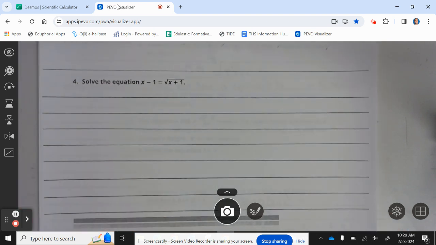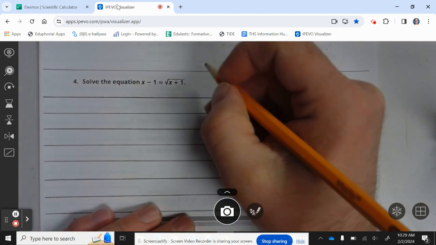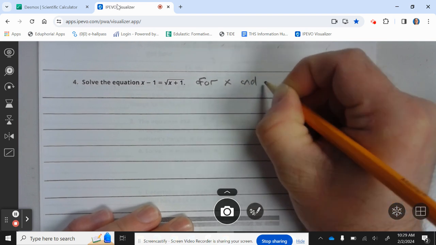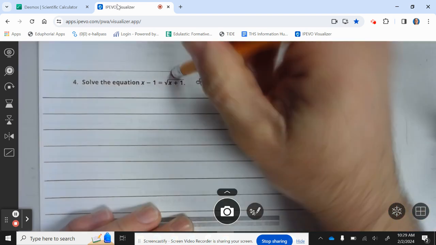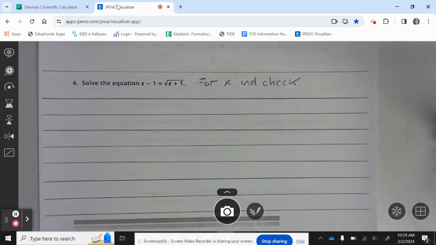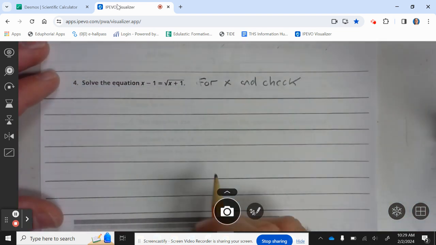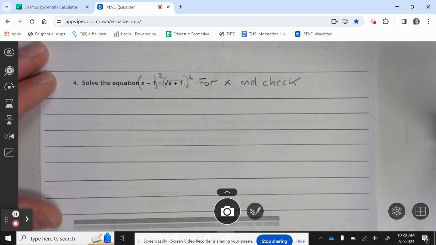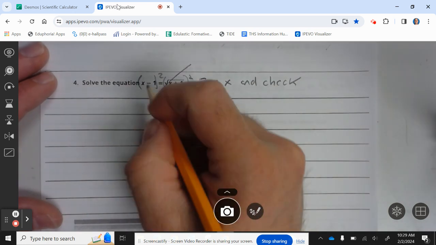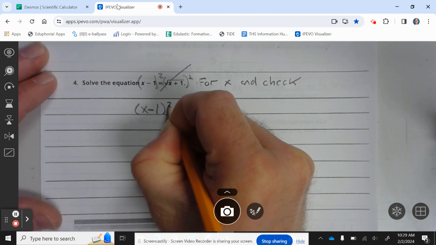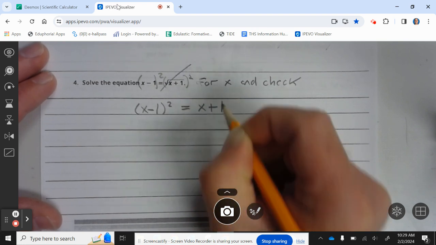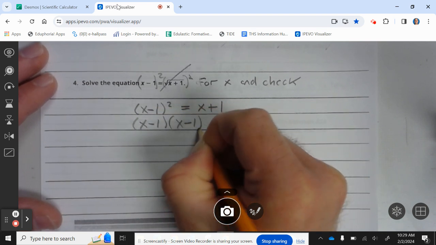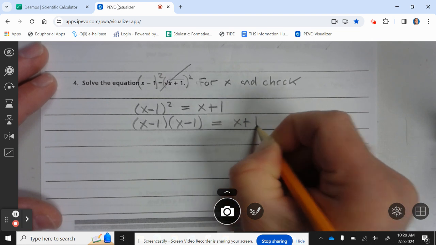Let's take a look at number 4. Solve the equation for x and check. Okay, so let's go ahead and do that. So let's go ahead and square both sides. The square cancels the square root, so you're left with x minus 1 squared equals x plus 1. Well, x minus 1 squared is x minus 1 times x minus 1 equal to x plus 1.